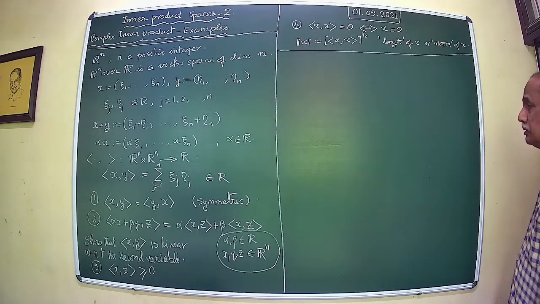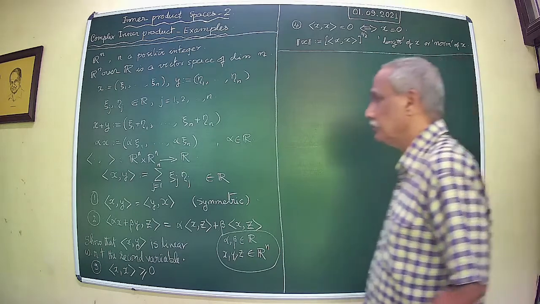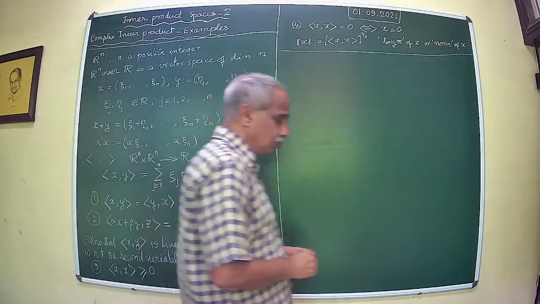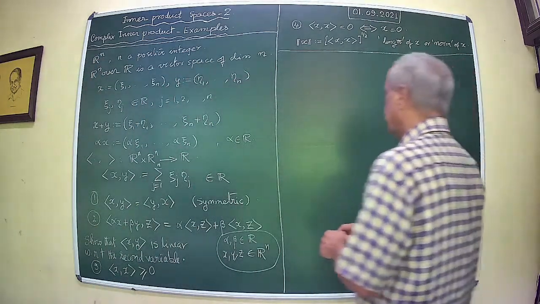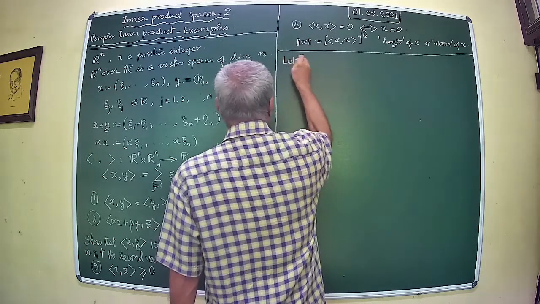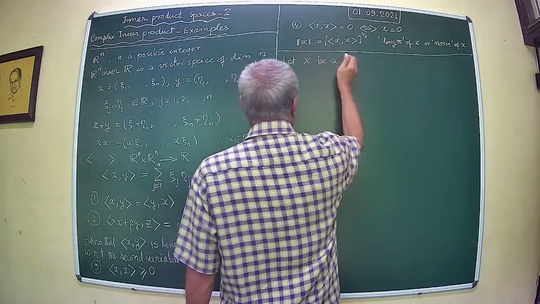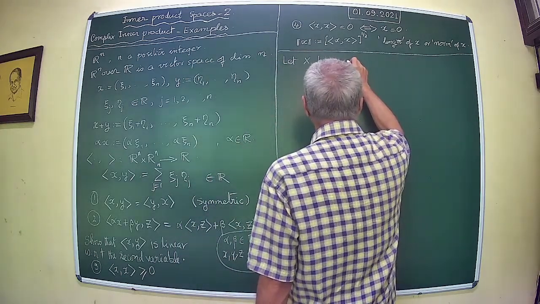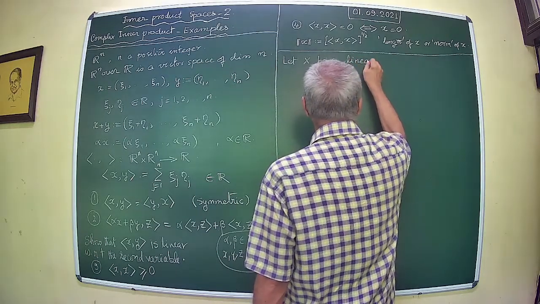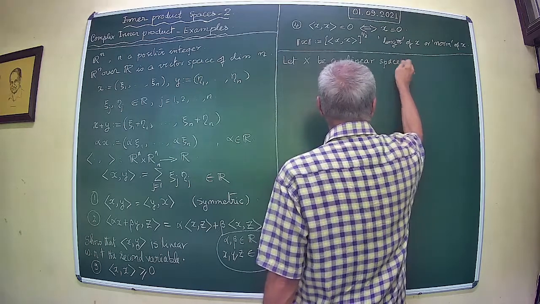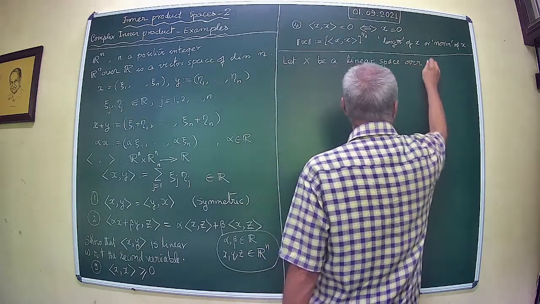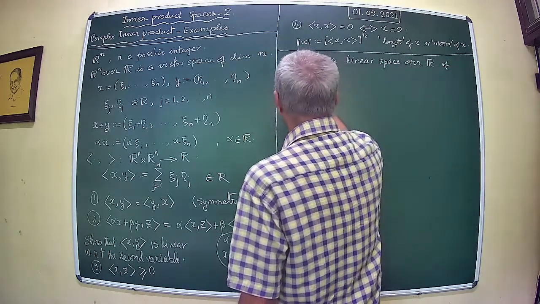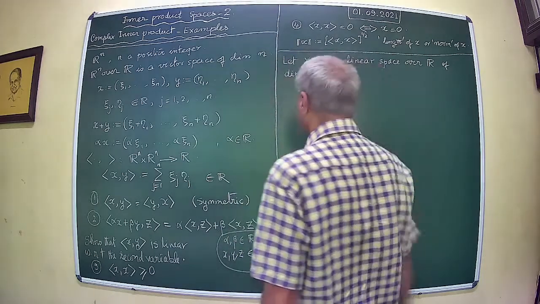Now what we do, we can possibly generalize this to the following. So this is what we expect. Let X be a linear space over R of dimension n, that is assumption.